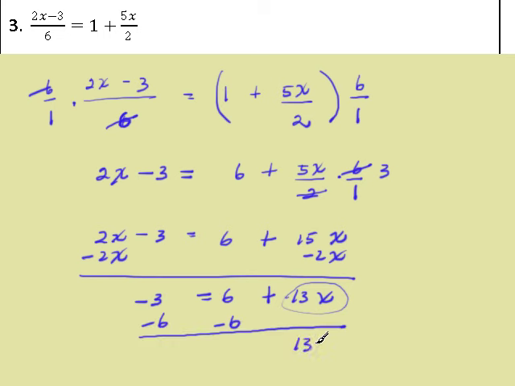And we have 13x is equal to, let me just put the equal sign. Let me line up those equal signs. 13x is equal to minus 9. And just divide by 13. And we have x is equal to minus 9 over 13.